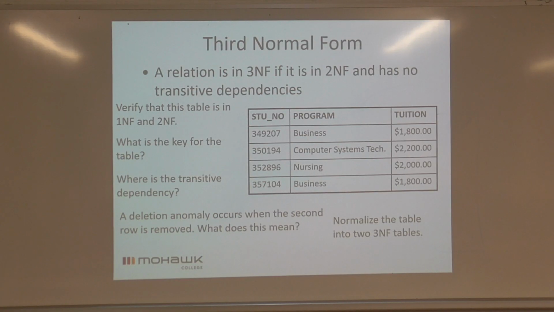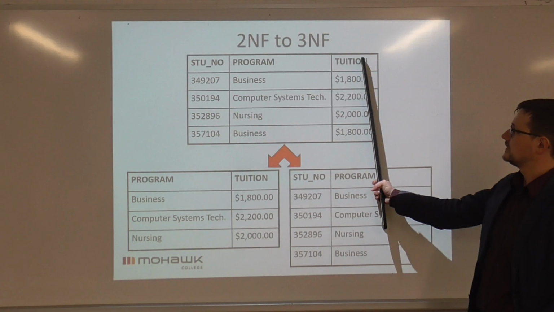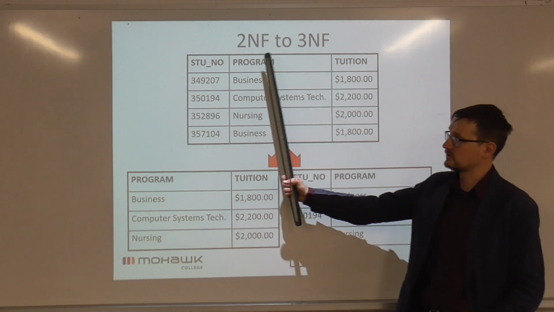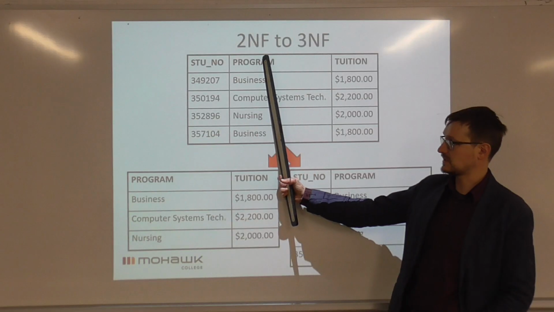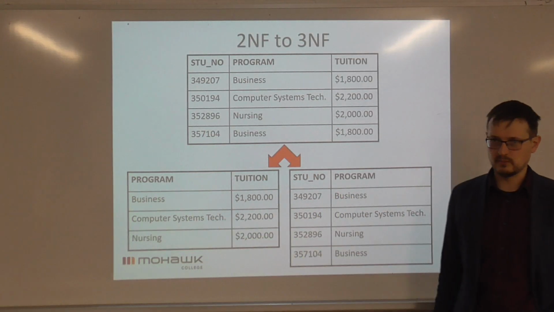We already talked about deletion anomalies. So, taking this table, passing from the second to the third normal form, you can see we take tuition, which is dependent on program, and that becomes its own table.